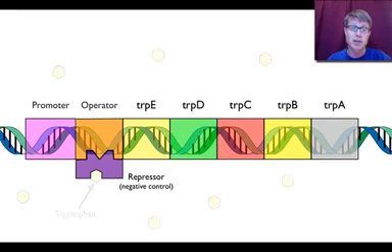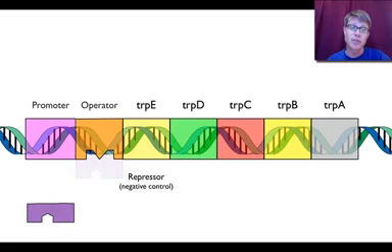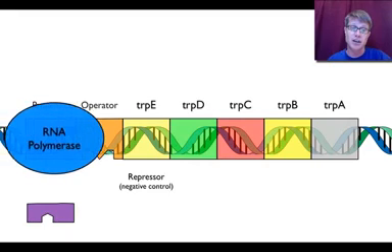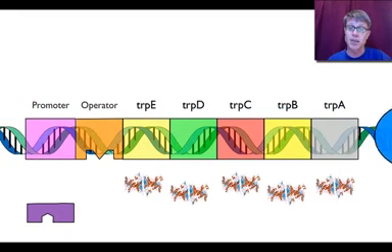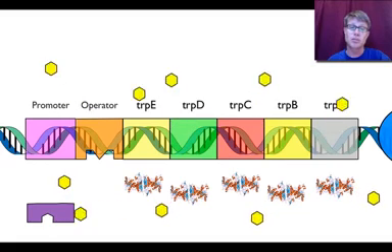But let's say, for example, that your diet doesn't have tryptophan, so you're not getting tryptophan in your diet. What does the bacteria do? Well, now the repressor is going to change shape. That allows RNA polymerase on. RNA polymerase is going to quickly make those 5 proteins, and then those 5 proteins are going to make more tryptophan.